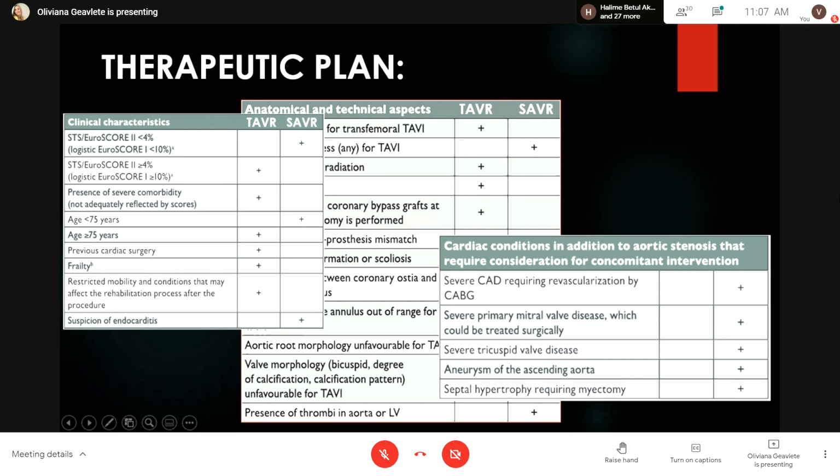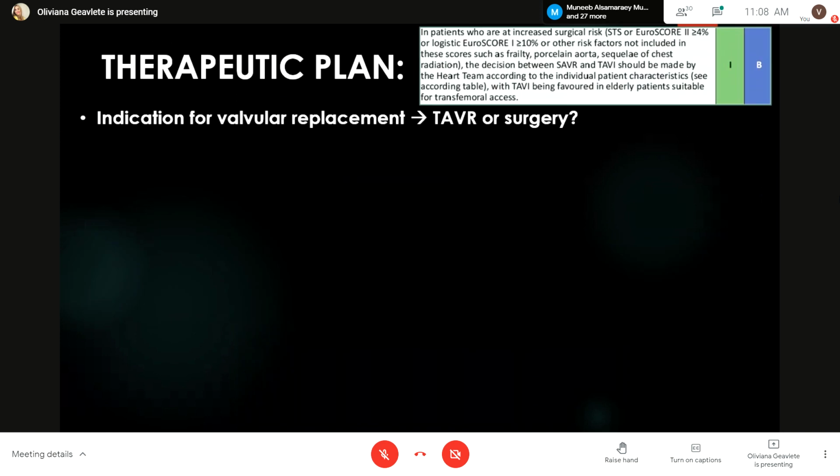There are also some cardiac conditions that require consideration for concomitant intervention: severe coronary artery disease requiring revascularization, it is not the case; severe primary mitral valve disease, it is not the case; severe tricuspid valve disease, aneurysm of the ascending aorta, or septal hypertrophy requiring myectomy. All of these favor the surgical approach.